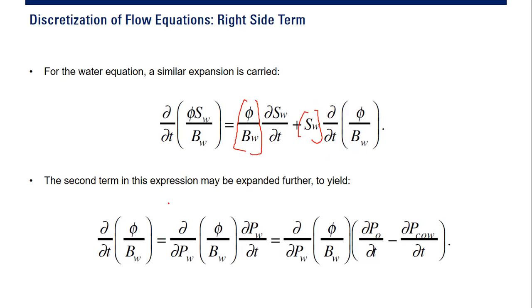The second term in this expression is expanded: d/dPW of 1/BW times dPW/dt, and then we get this. You can just follow the logic, you can just follow the equation.